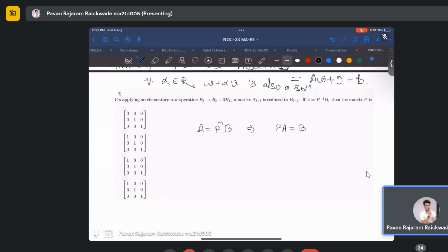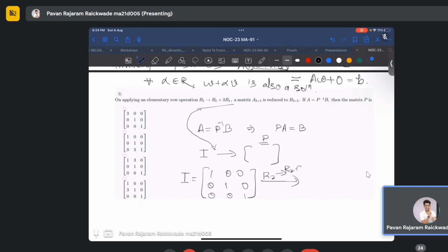Now, whenever you do row operations, like R2 changes to a linear combination of rows, that means you are multiplying A with some elementary matrix, right? So how you find that elementary matrix is you apply the same elementary operations on I, the same operations, and then you get P. This is your matrix P. So identity is my matrix, and I'll change R2 to R2 plus 3R1.